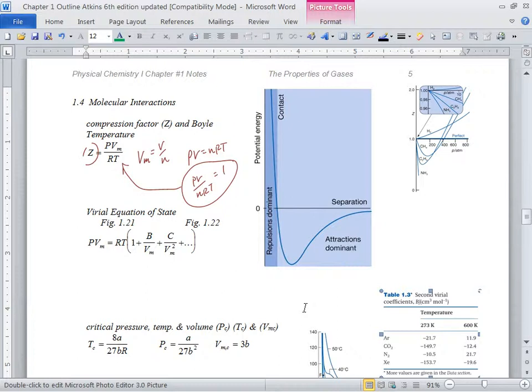Where is this gas? So here we have a plot of potential energy versus separation. Separation between what, Shelby? What are they talking about? Separation between what? For this plot when they made it. Repulsion's dominant, attraction's dominant, contact. Yeah, when the two gas atoms are touching, that would be a collision, that would be contact, right?